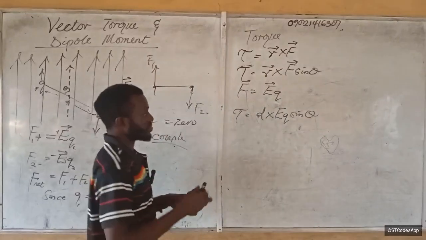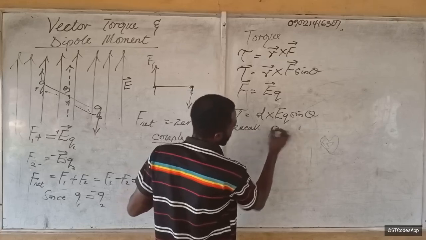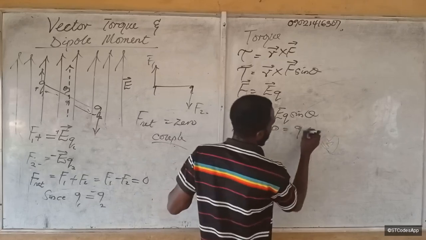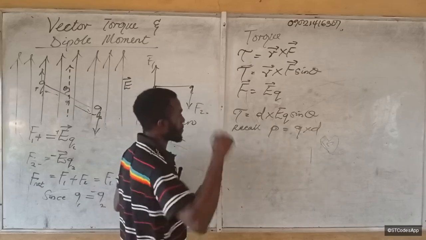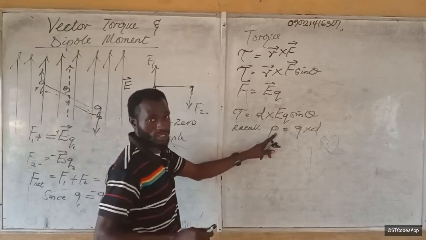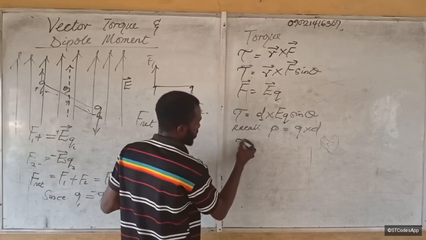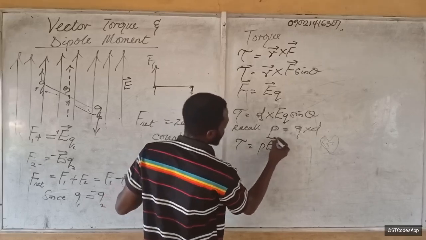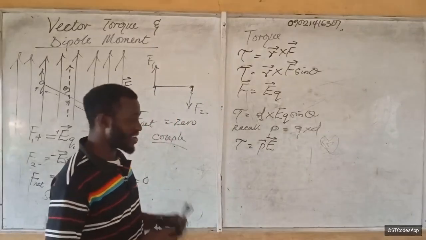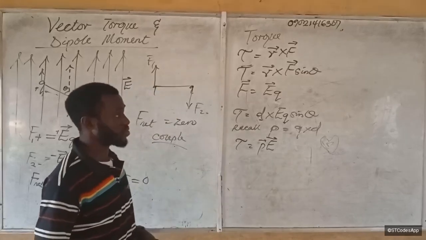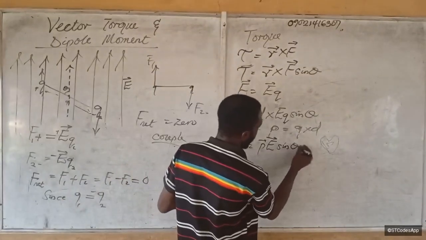Now, recall also that our electric dipole moment is going to be Q times distance. Does that make sense? So our dipole moment is Q times D. So we can say that Q times D is already the dipole moment, so that our torque becomes PE sine theta. Does this make sense? Okay? Dipole moment is a vector. Electric field intensity is also a vector.